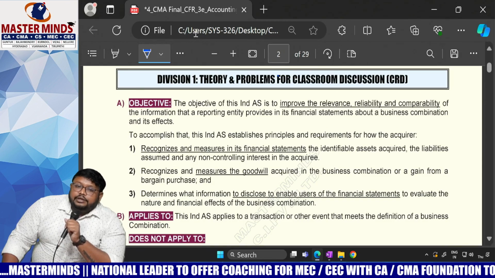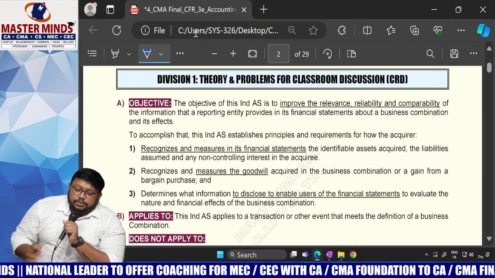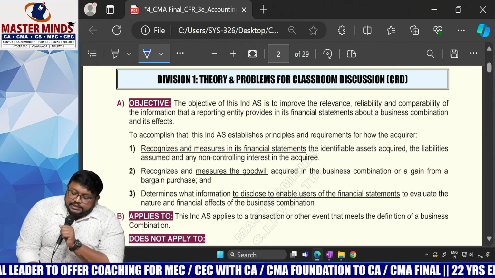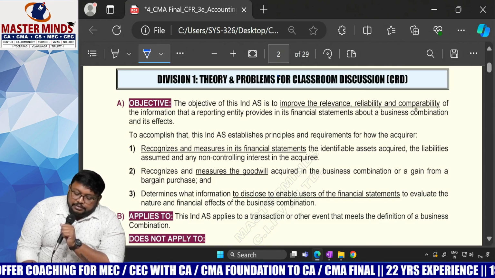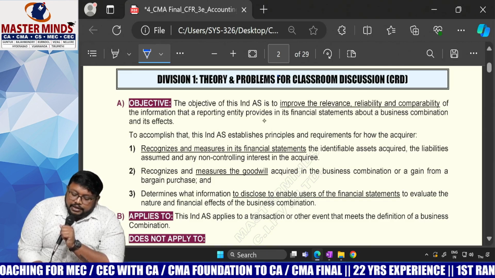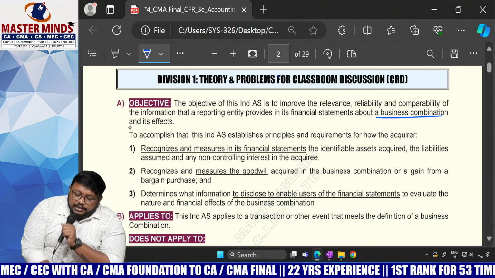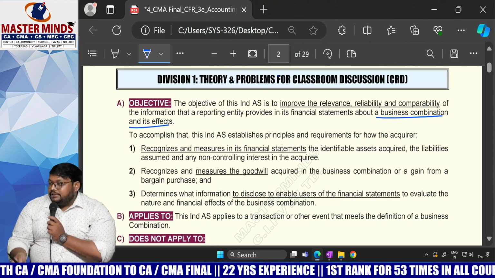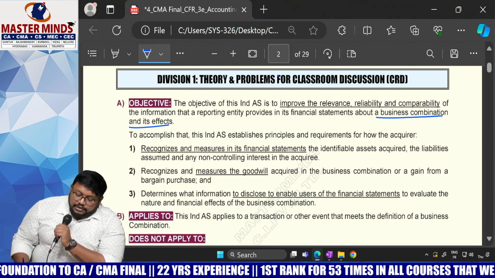So the objective. Ind AS 103 deals with business combination. What is the objective? The objective of this standard is to improve the relevance, reliability and comparability of information that a reporting entity provides in its financial statements about a business combination and its effects. When we are making any business combination, acquisitions, absorptions, mergers, how to do accounting, this standard will specify.